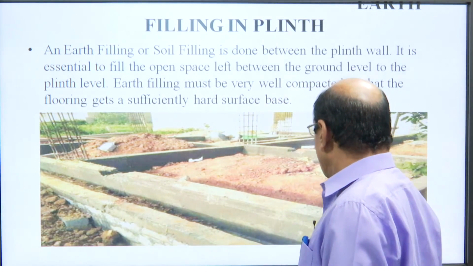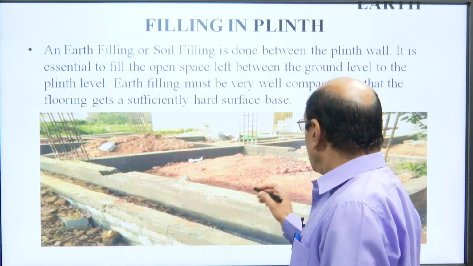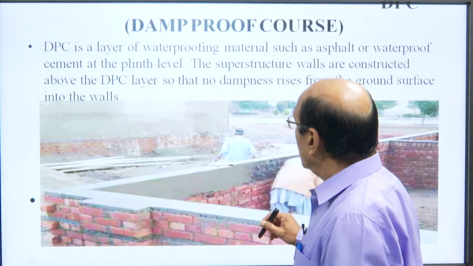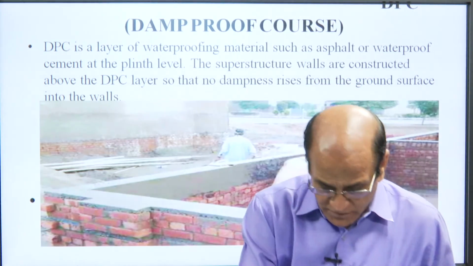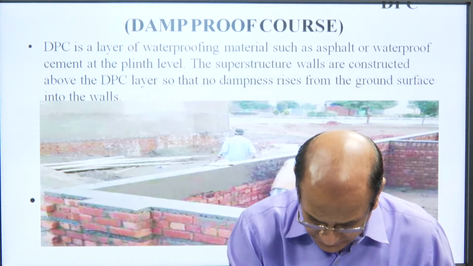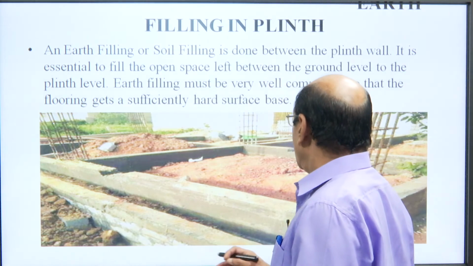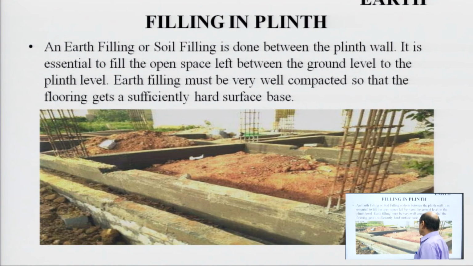So, we can see here this is the plinth level and this is the area where earth is filled, but it is better to fill sand, so that there may not be a continuous settlement and the floor should get a sufficiently hard base.